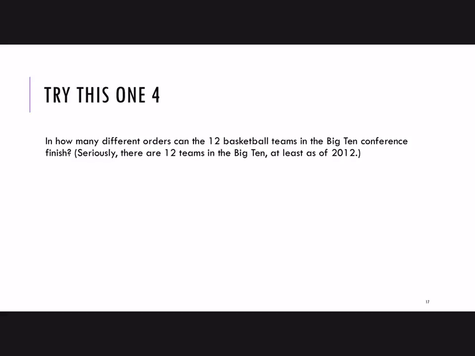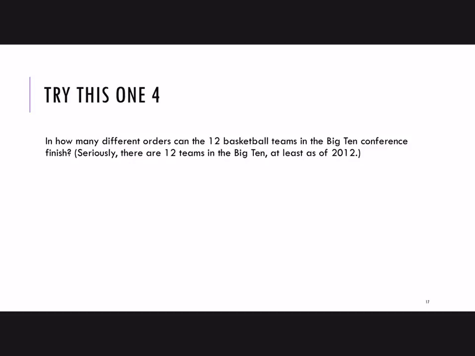Here's another example. In how many different orders can the 12 basketball teams in the Big Ten Conference finish? Seriously, there are 12 teams in the Big Ten, at least as of 2012. So you just need to figure out the setup, look at how many things you're arranging.